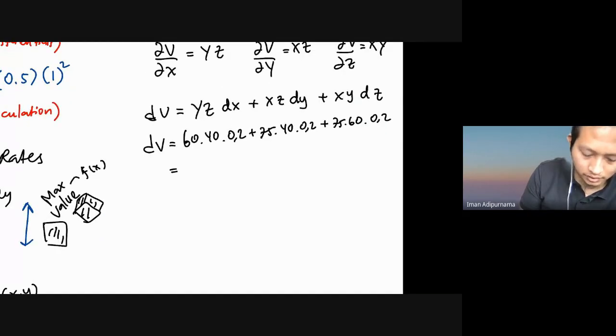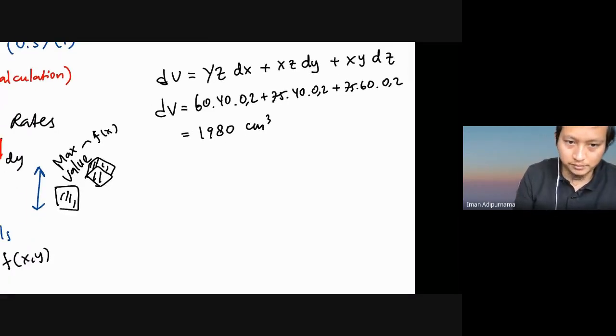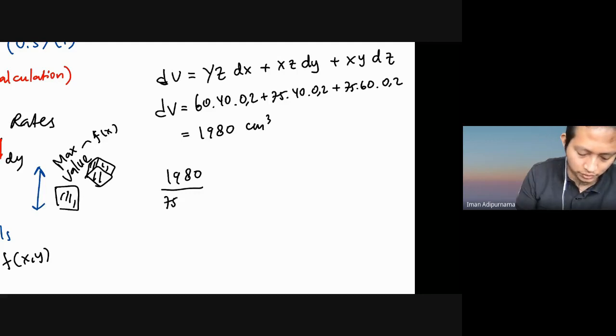And we got it's actually this much amount. If you want to look for how many percentage, we can divide this whole dV with the original equation.